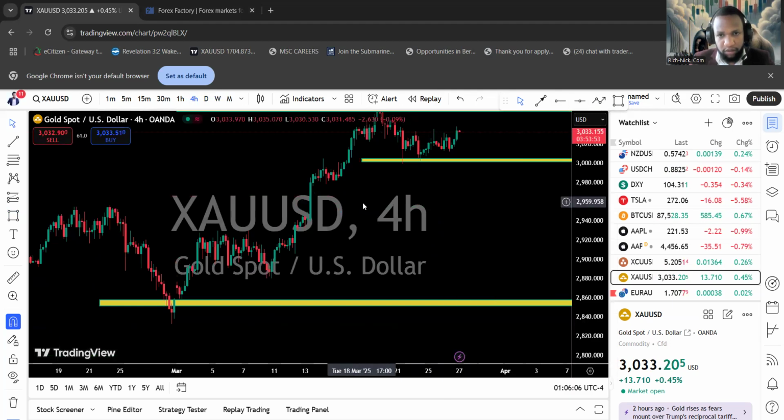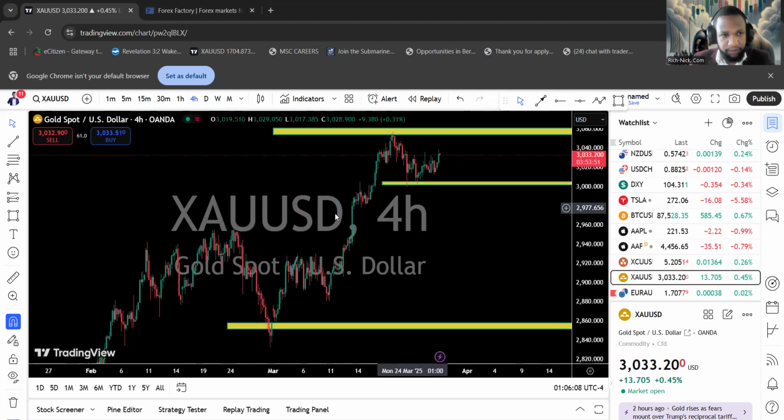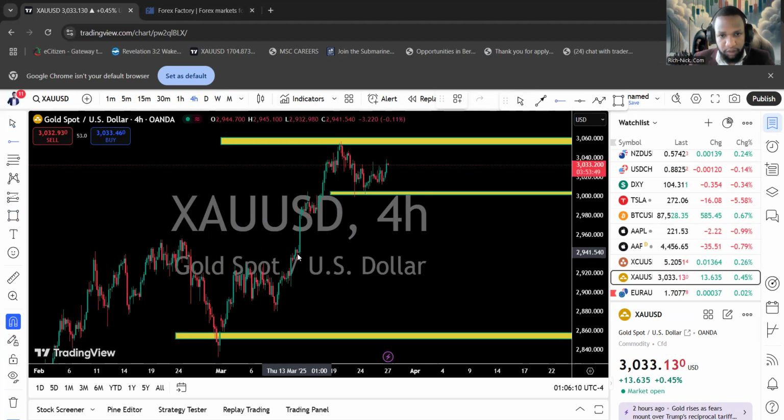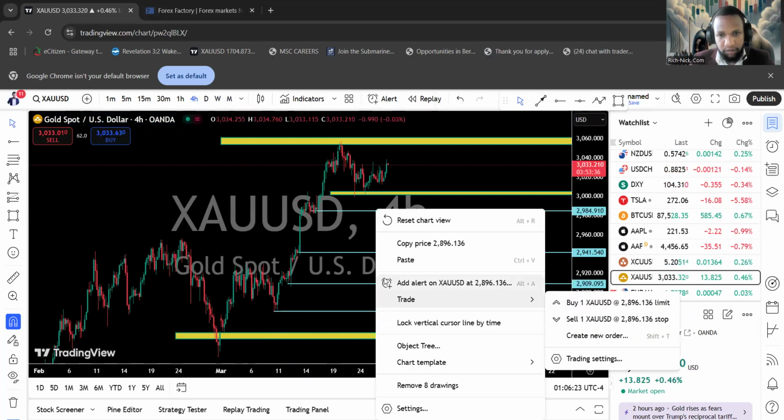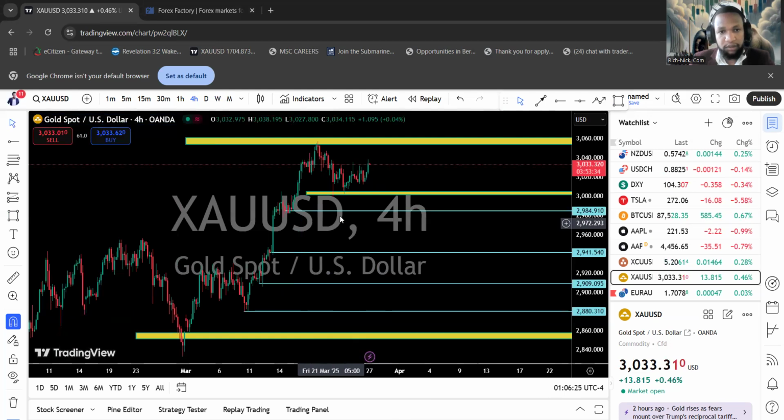On to the 4 hours, I'm just going to mark these areas because I would like to know how the market behaves after this. All right, I'm just marking them.